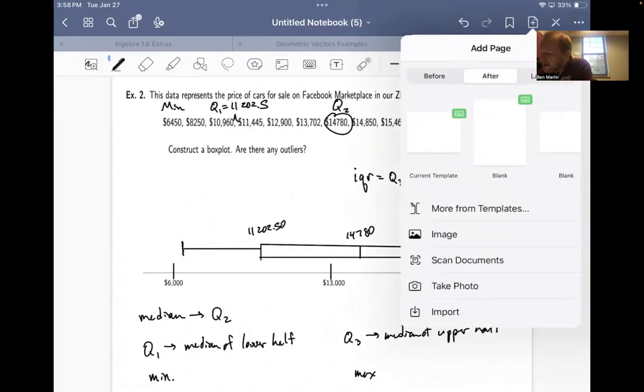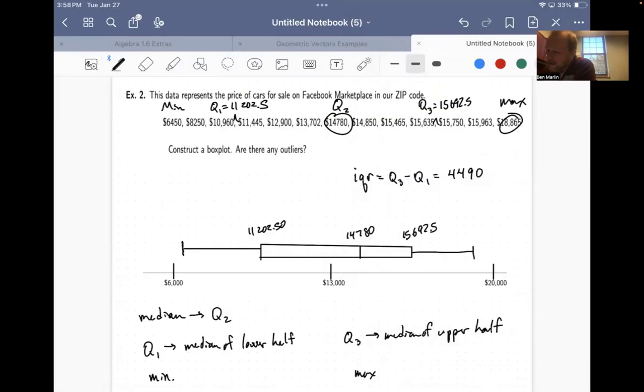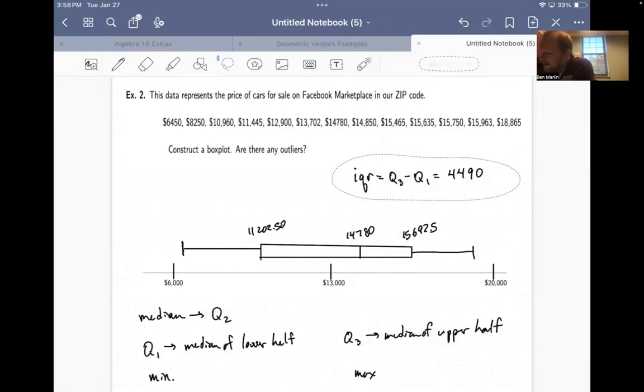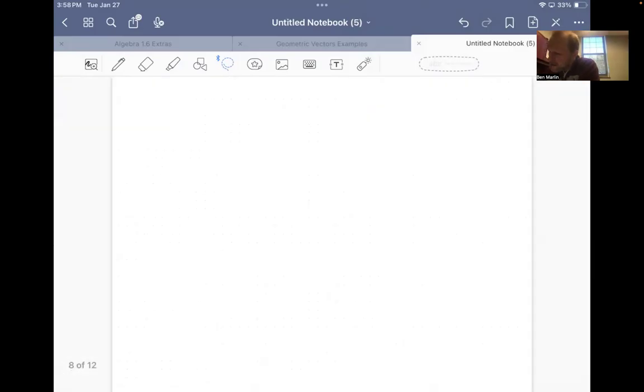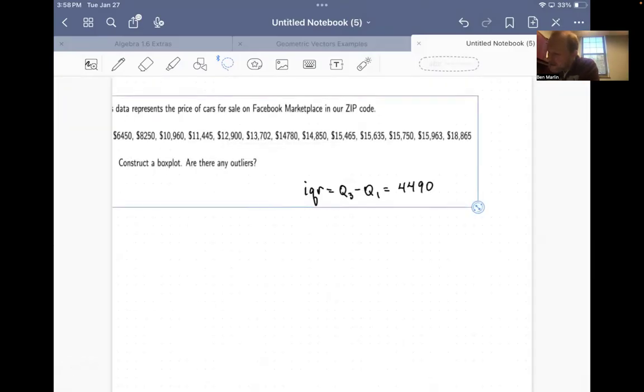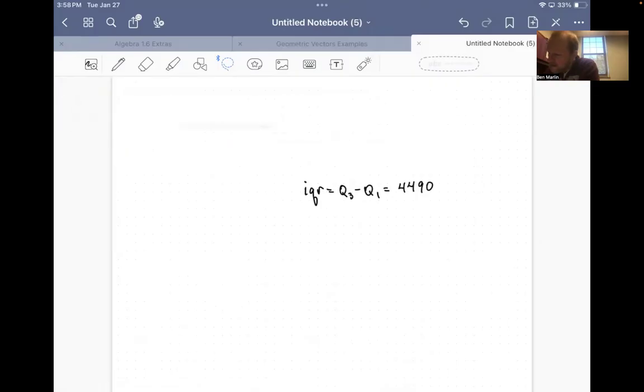So in my extra page that I'm about to put in here, actually, I think I'm going to copy this. Okay, I only want to copy this, not the extra stuff. Copy, add a page, paste, and it decided to copy more than I wanted. All right, so your IQR is that there.